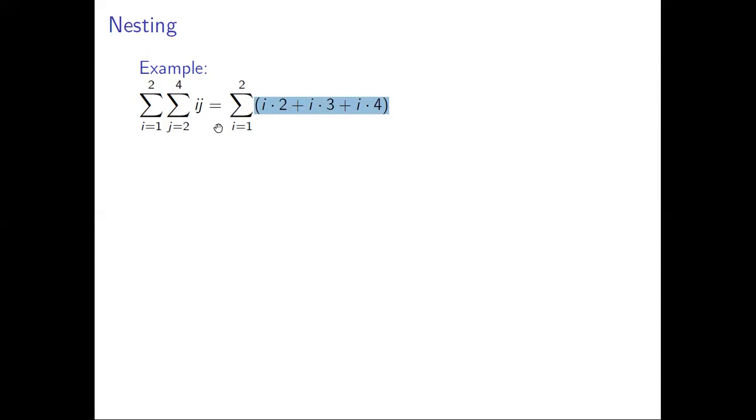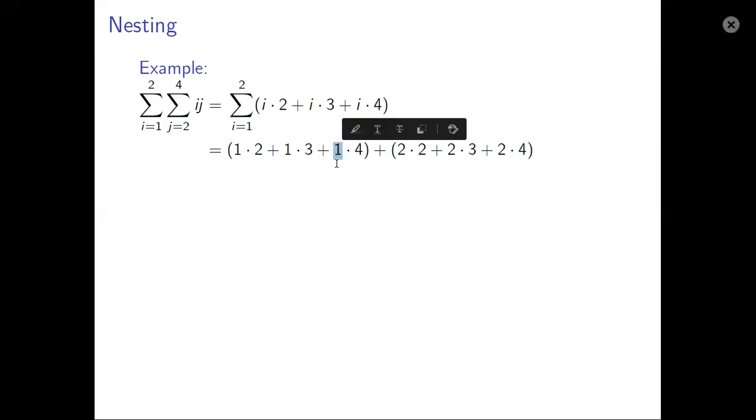So it's the outer sum of the inner sum. Now what do we have to do? Well, now we substitute the values for I. We start with I equals 1. So we do 1 times 2 plus 1 times 3, so I becomes 1, plus 1 times 4. I is again 1.